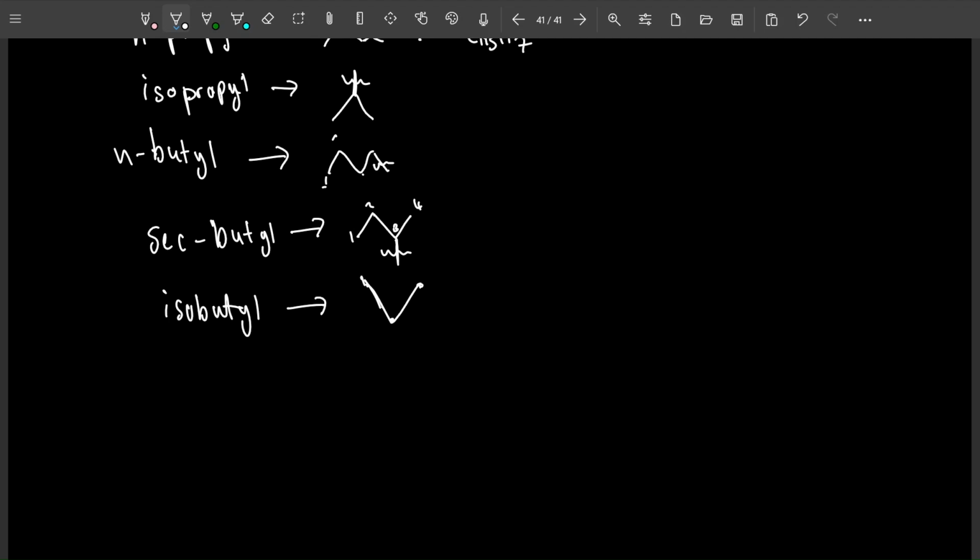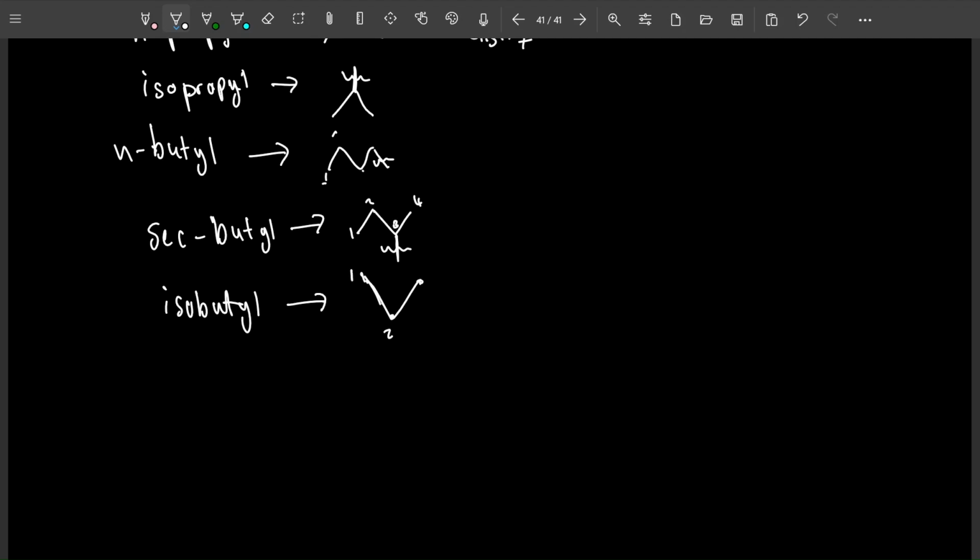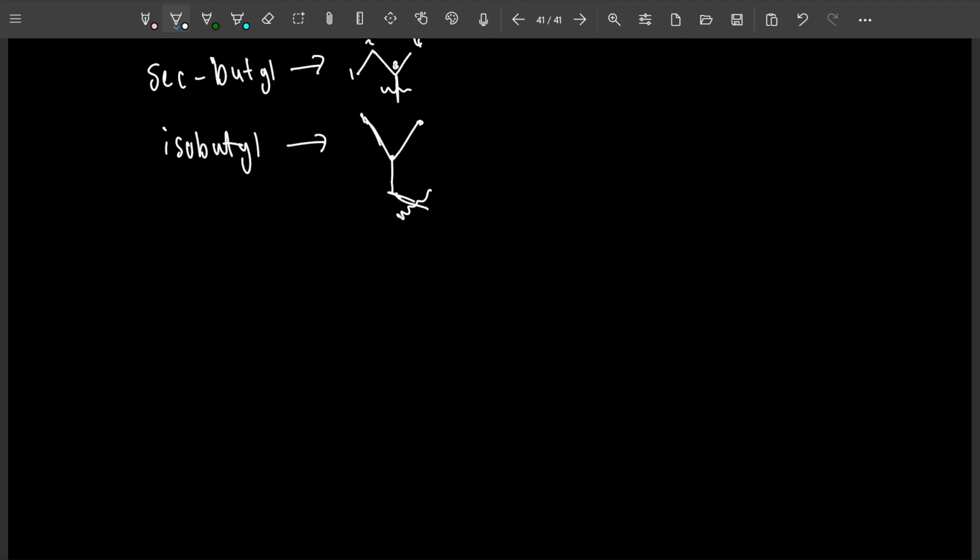If you were to count the carbons, 1 2 3, you'd have 3 carbons, so you'd have to make the fourth one, which makes the Y. This is a Y, and after the Y you can just put the bond that connects, and cut it like that. That is your isobutyl. It looks like a Y. It's connected just like that. Iso is like an isomer, right? Remember that. Now the last one is going to be tert-butyl.